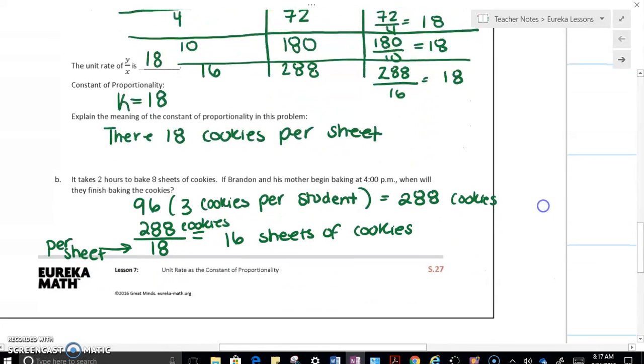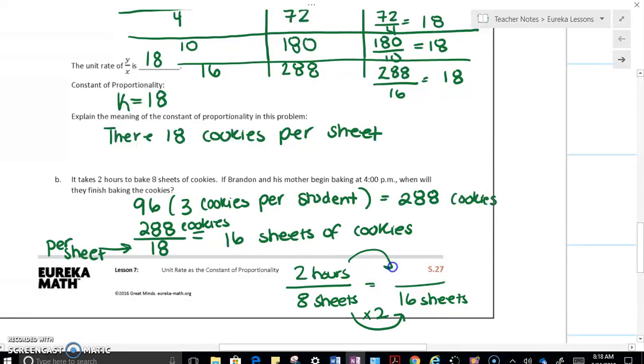And let's go back to our problem. We already know 2 hours to bake 8 sheets of cookies. Then that means in order to make 16 sheets of cookies, I'm just multiplying by 2. My time is just doubling. It's going to take me 4 hours.